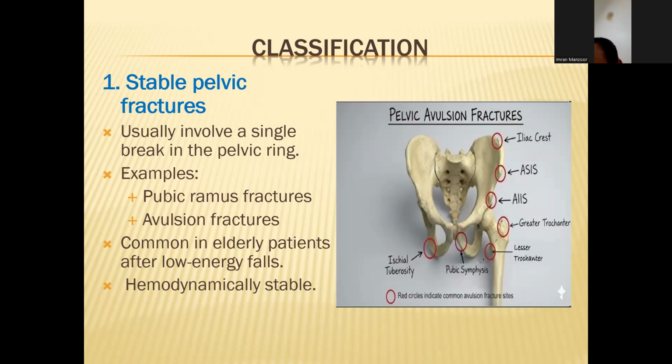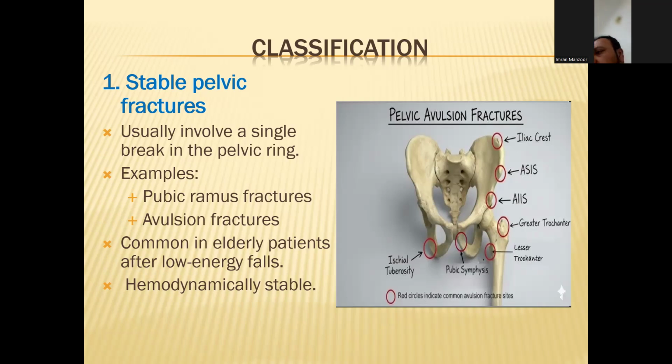These pictures also show the stable fractures of the pelvis, which can involve the wing of the ilium bone, the pubic ramus, the superior pubic ramus, the inferior pubic ramus, or the ischial tuberosity. All these fractures will be stable, and there is no chance of injury to the blood vessels and the nerves. So hemodynamically, these patients will be stable.